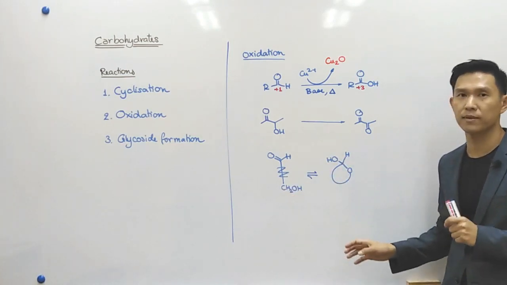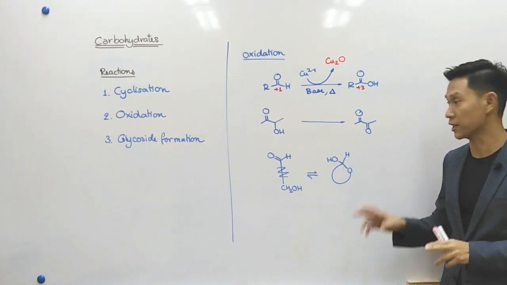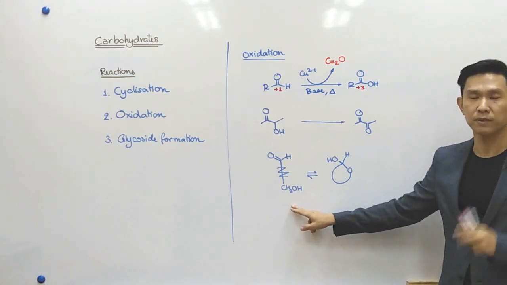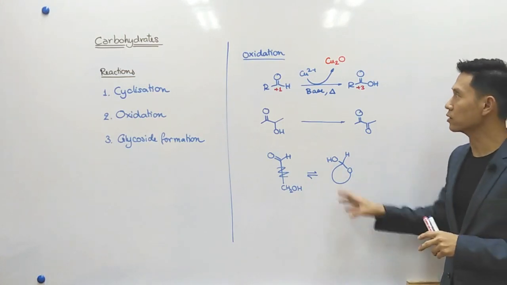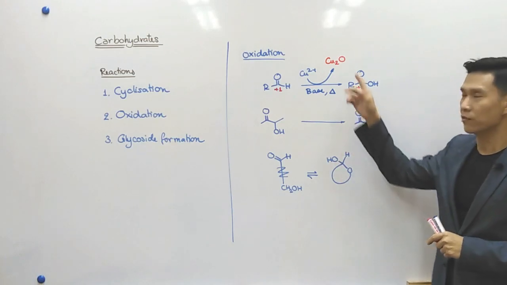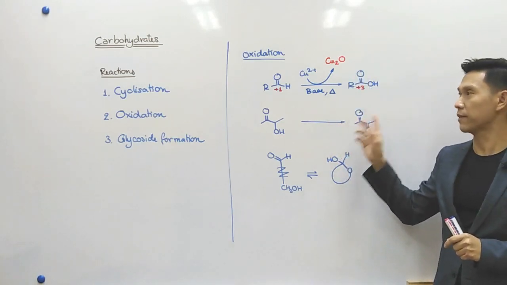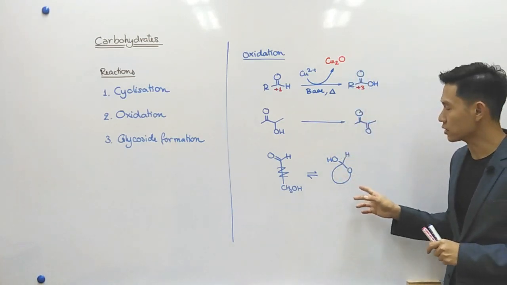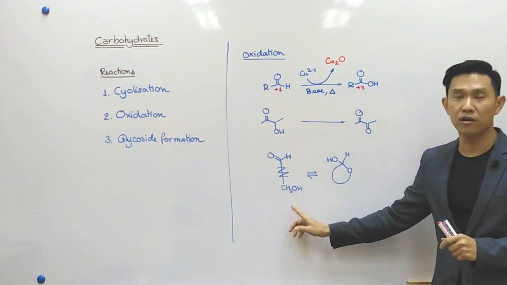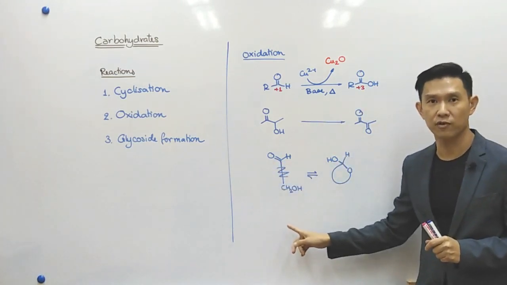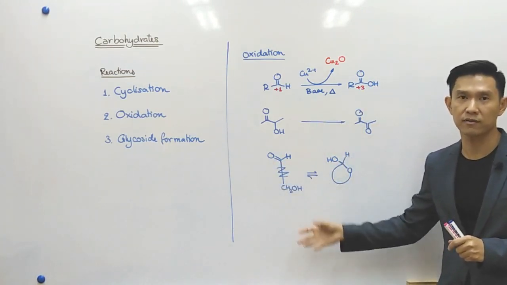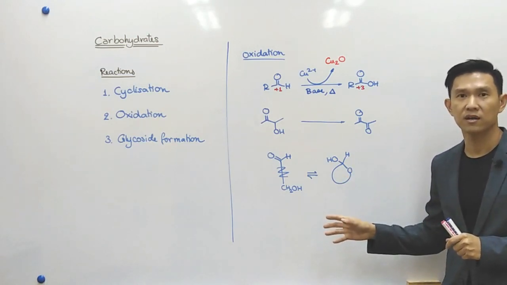I cannot remember exactly what the percentage of this one is, but it's very low. So if you want to oxidize the glucose with the copper ion in the Benedict test, what happens is it can oxidize only the open chain form, which is very minor in the mixture.